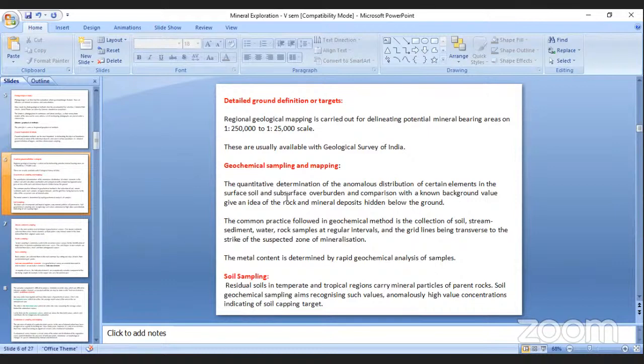In soil sampling, it depends on the topographical conditions and how the soil is forming.